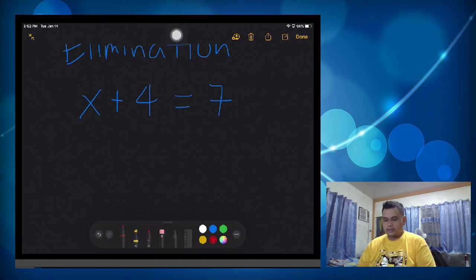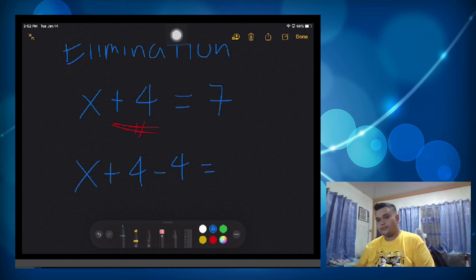If you notice that we have a positive 4, how can you make its value equivalent to 0? The only way to make it 0 is by subtracting the same value, which is minus 4. Writing it in a sentence, that would be x plus 4 minus 4.